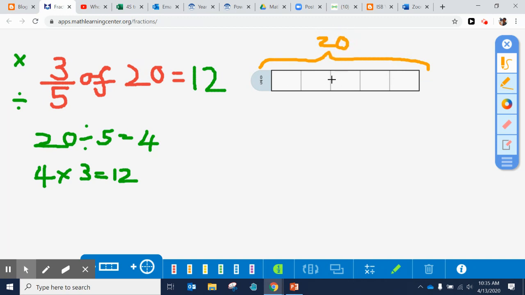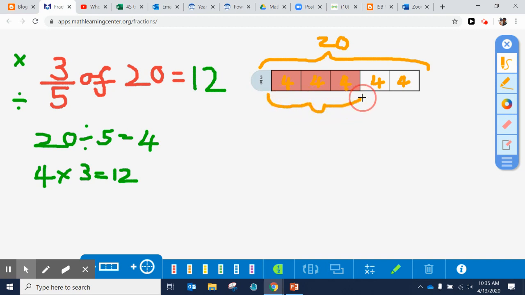So 20 divided by 5. 5, 10, 15, 20. That means that there's 4 in each part. And that's what I did here. 20 divided by 5 equals 4. I've just proved that. And I wanted to know 3/5. 4 times 3 equals 12.